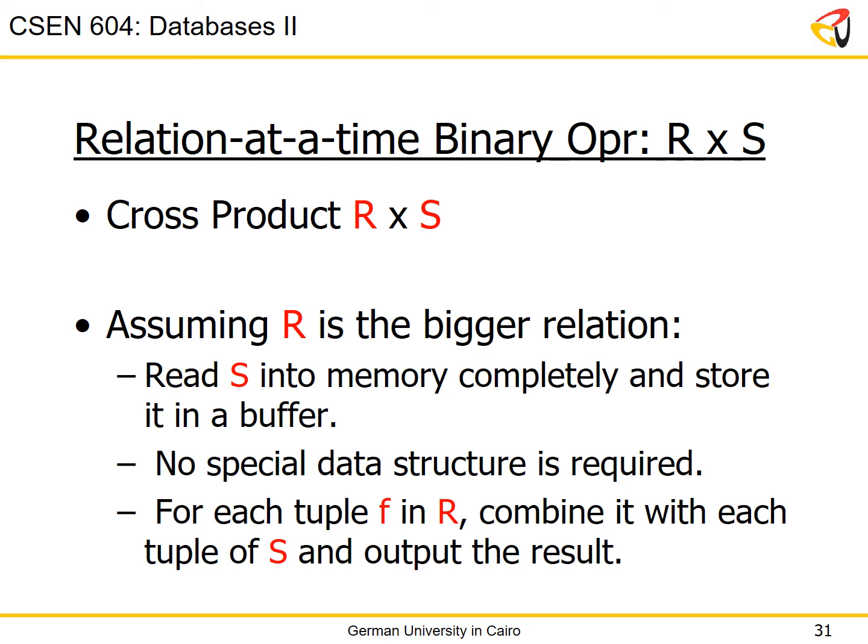I have done that once for S. I will keep iterating on the rows of S in memory for every row in R, but I will never unload S from memory while I'm doing that. So it was one pass to read all of S from disk and put it into memory, and then I went into R from the first page to the last page, combining every row from R with all the rows in S. So both of them are single pass.